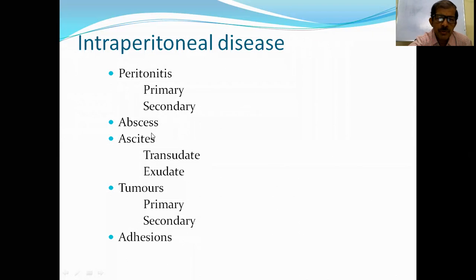Another important disease, particularly in medical practice, is ascites, which may be either transudate as in cirrhosis, or exudate in other conditions. Then there are tumors, both primary and, more commonly, spread to the peritoneum. Then adhesions can also form. So mainly it is peritonitis, then ascites.